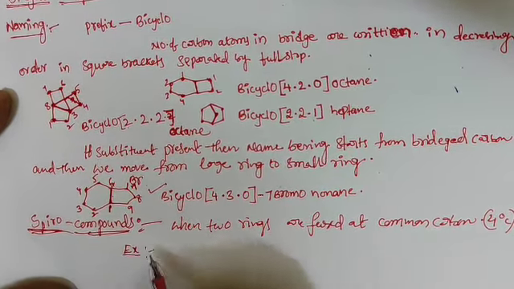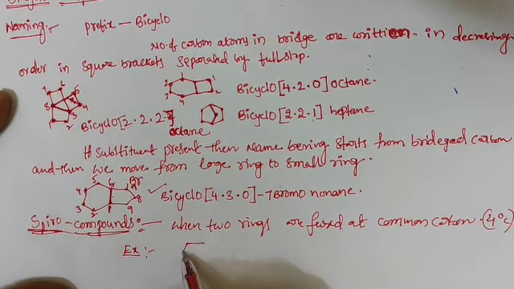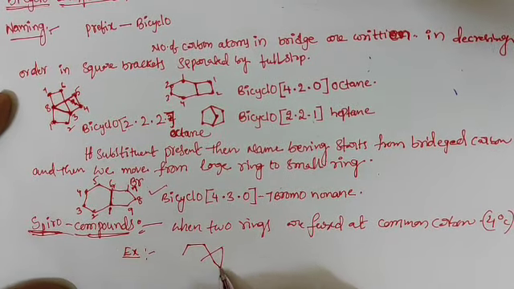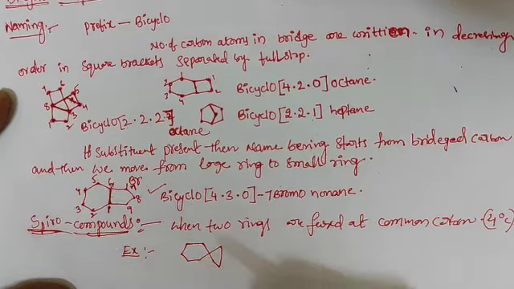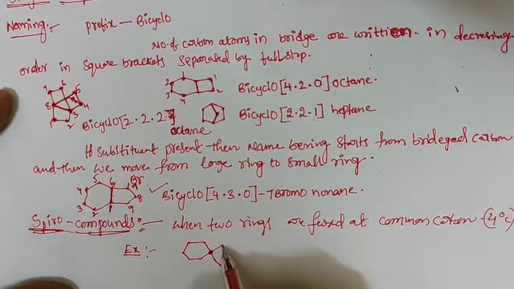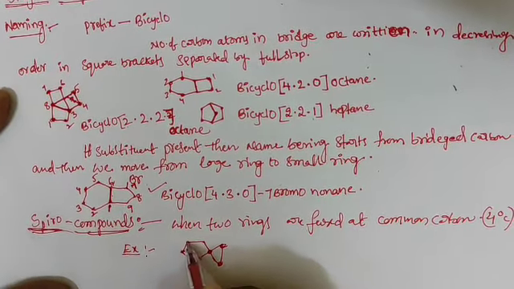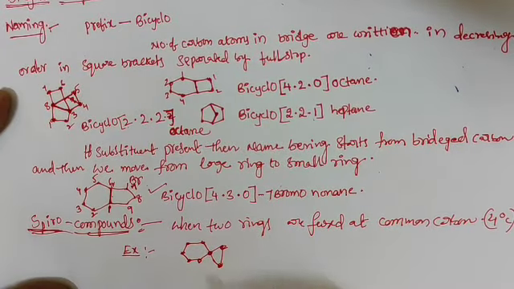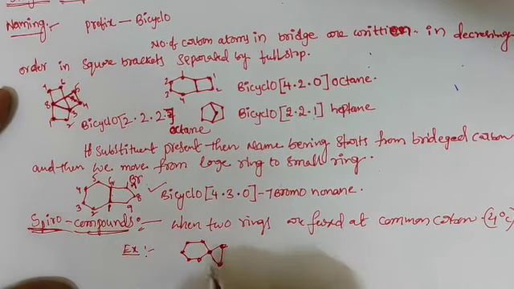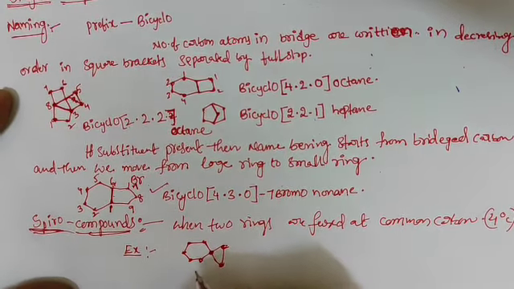You can understand. So for that one, example is this. See here, this carbon, here carbon is there, here also carbon, here also carbon, 3 carbons, here carbon, here carbon, here carbon, all these carbons is there. So this carbon we will call 4 degree carbon, because this carbon is attached to 4 carbon atoms, quaternary carbon atom.